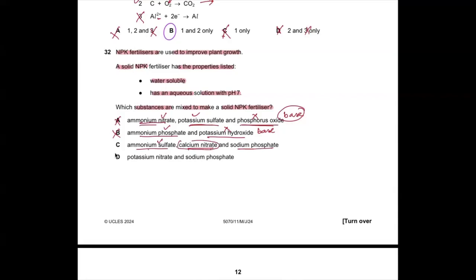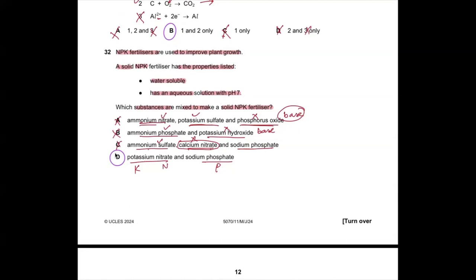So C, it doesn't contain either potassium, sodium, or nitrogen. So C goes wrong. Over here, you have a potassium, you have a nitrogen, you have a phosphorus. So all of these are there and there is no base. So D is the correct answer. That is, an NPK fertilizer can be formed by mixing these three.